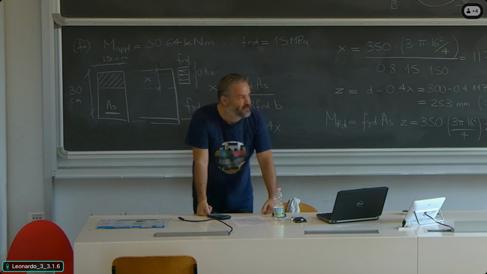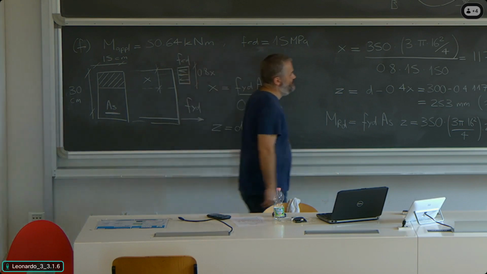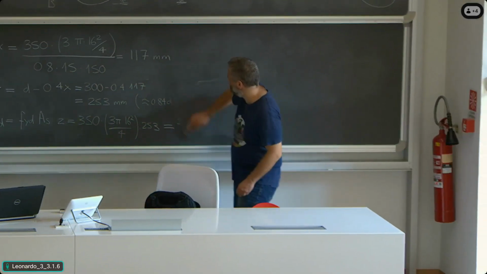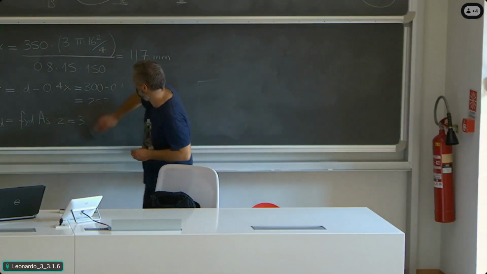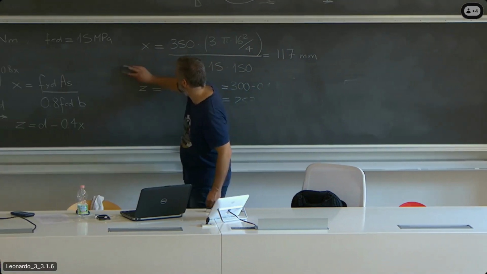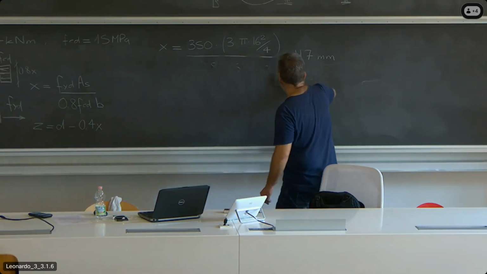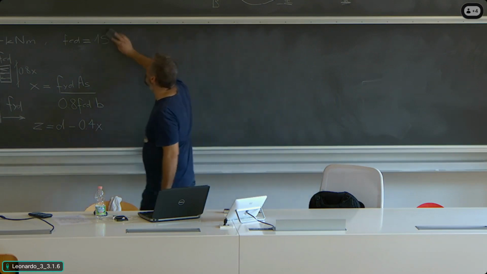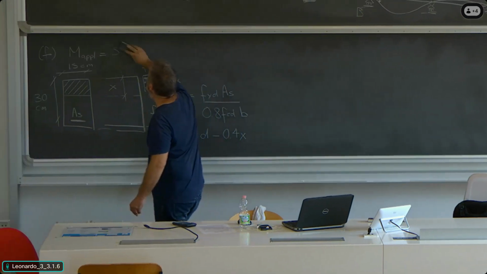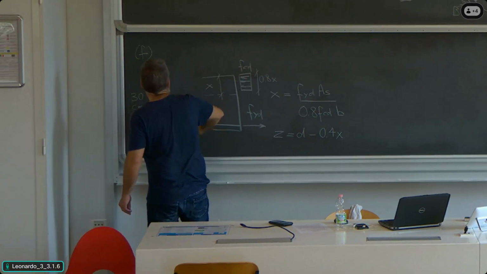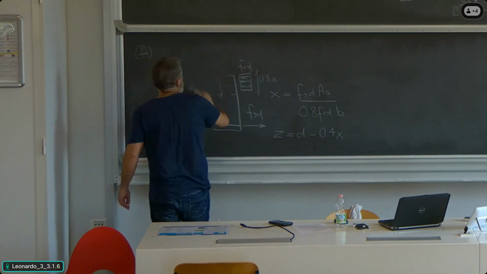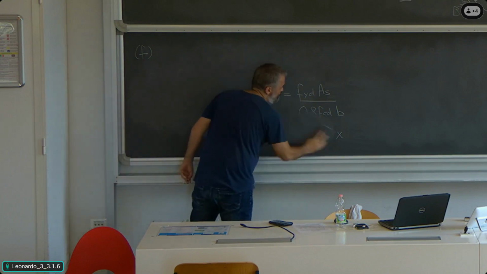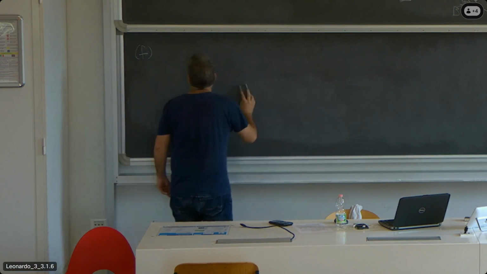We will now split it into different concepts. First of all, important thing, the assignment clearly says that you have to design the stirrups to the right of support B. Why?